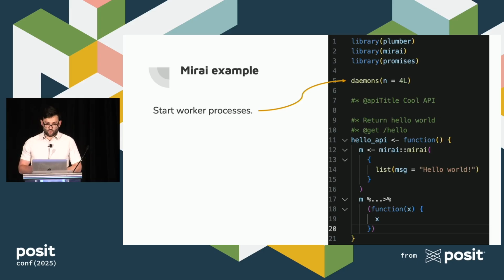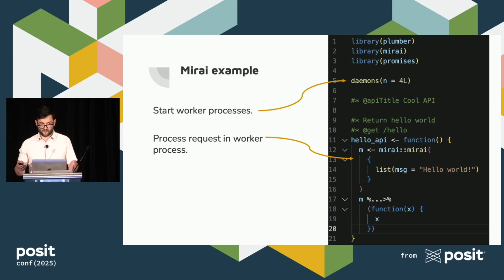Then our business logic, our API endpoint, is going to get bundled up and passed into another Mirai function called mirai. What that function is going to do is take the R expression, the business logic that you've passed it, and run that code in the child R process.